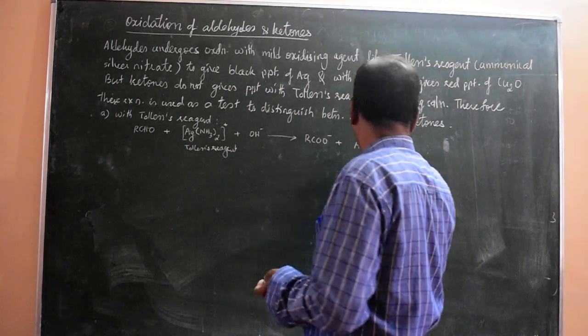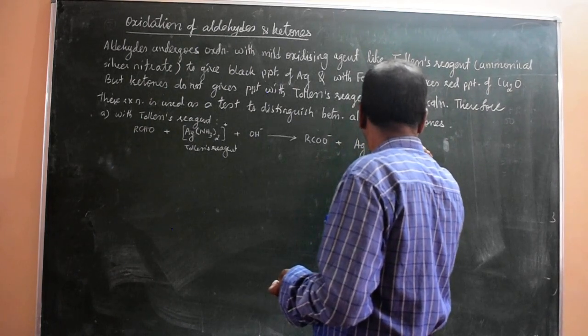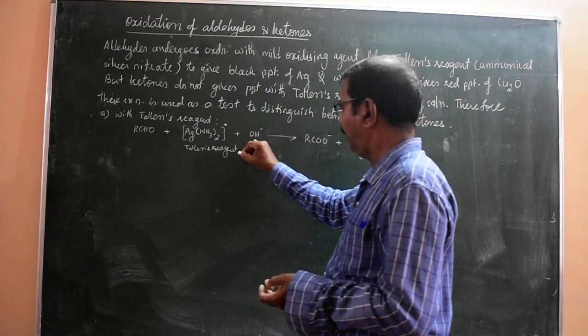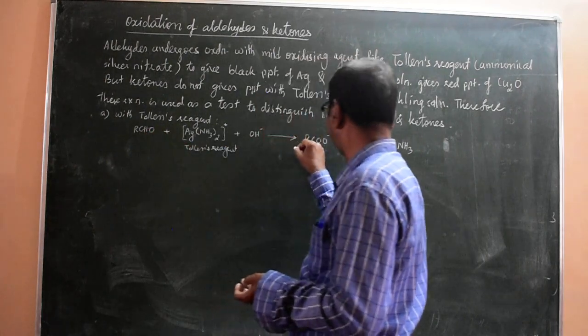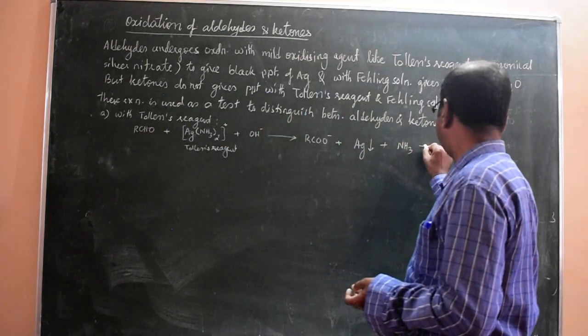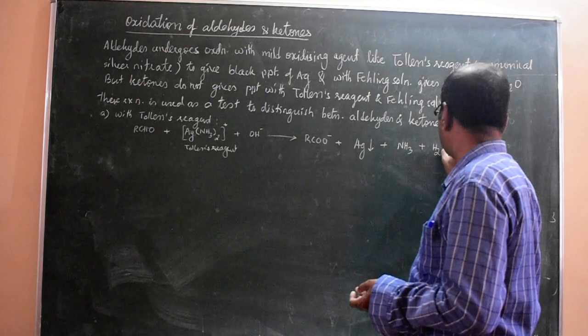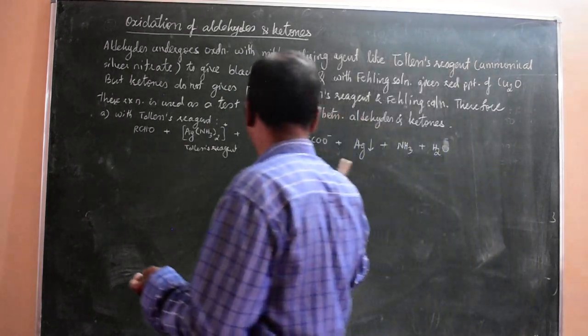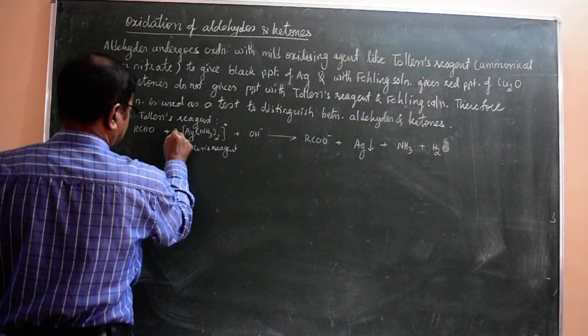Now we have one more NH3. We have OH and one more hydrogen. Here there is no hydrogen, that means we write H2O. What is the equation? It's 2 here.